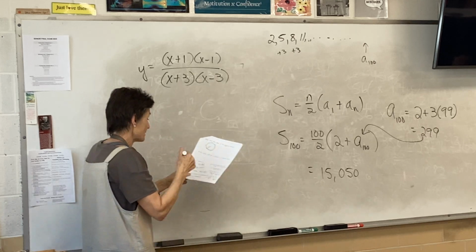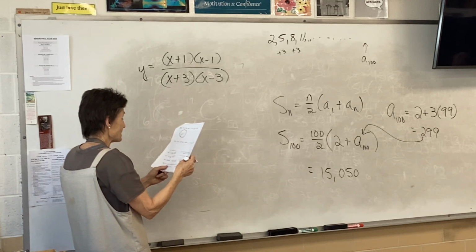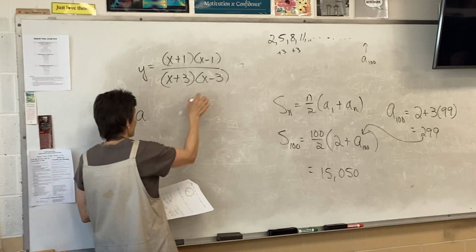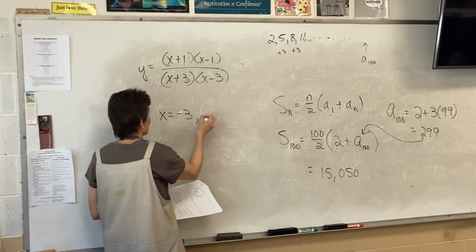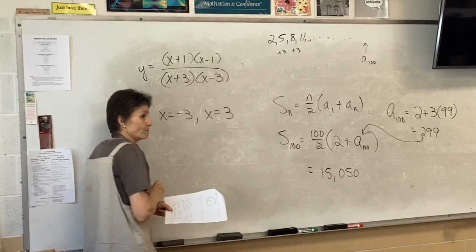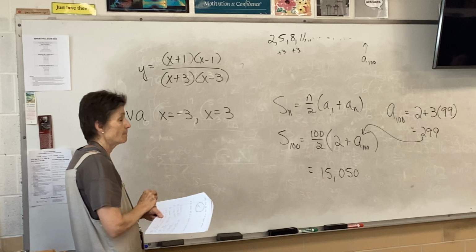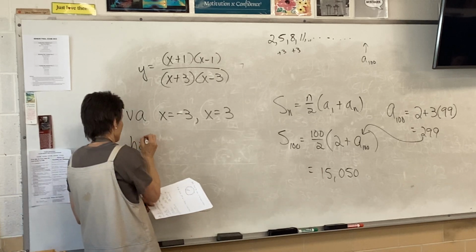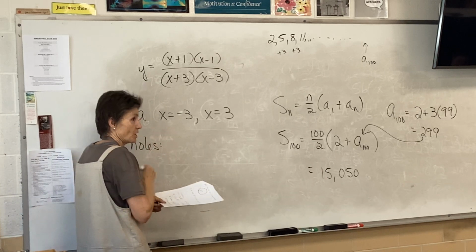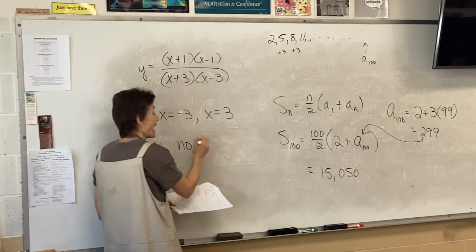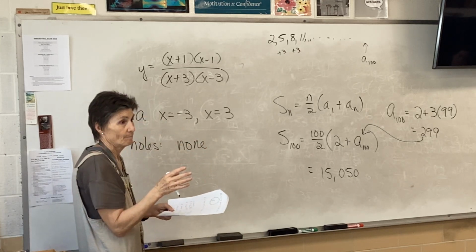So for example, part A says, what are the vertical asymptotes? Vertical asymptotes come from the denominator. So there are two of them, 3 and -3. Holes, that's another possible question. What are the holes? Well, this one doesn't have any, because how do you get holes?